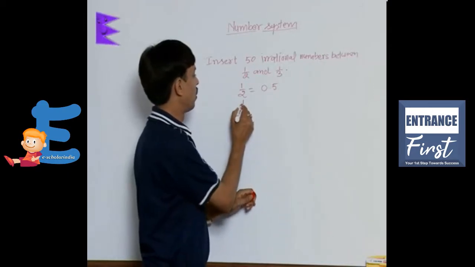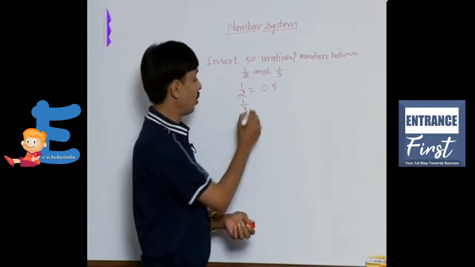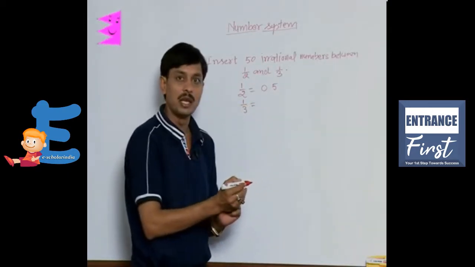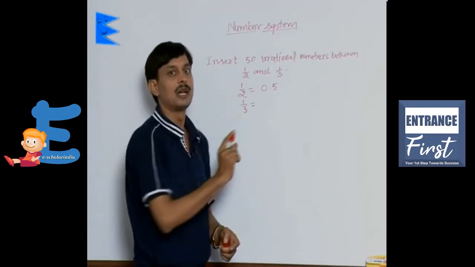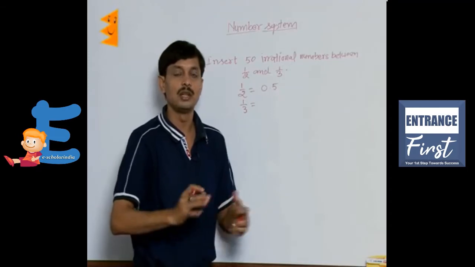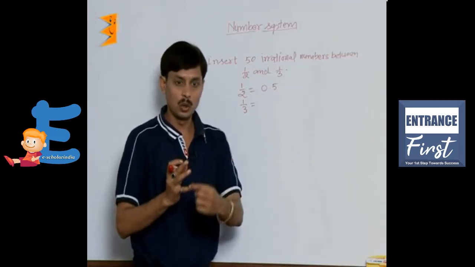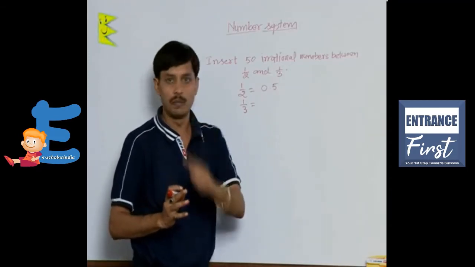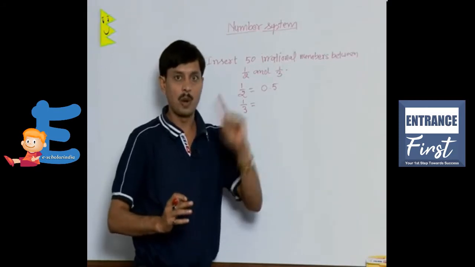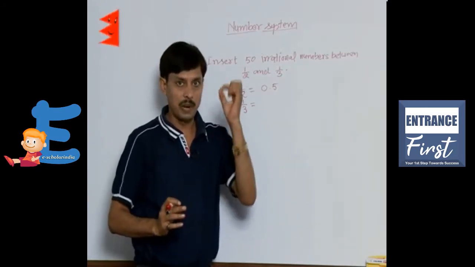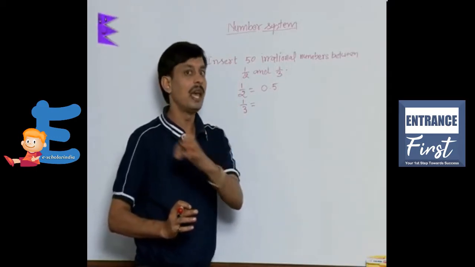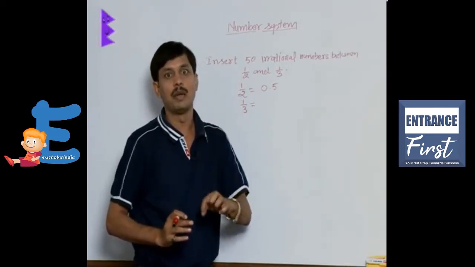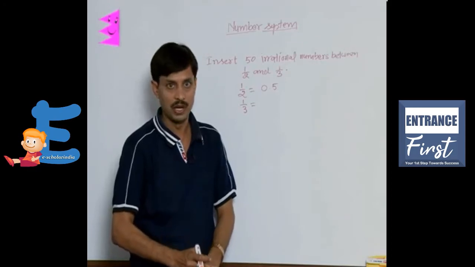Now, what for 1 by 3? To convert this 1 by 3, look at the prime factorization of the denominator, that is the prime factorization of 3. It is 3 one time. No 2, no 5, only the number 3. So the property is, if the prime factorization of the denominator of any rational number has any prime number other than 2 and 5, it has to be non-terminating repeating.